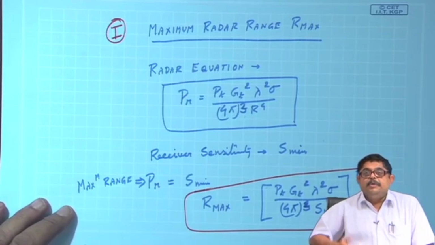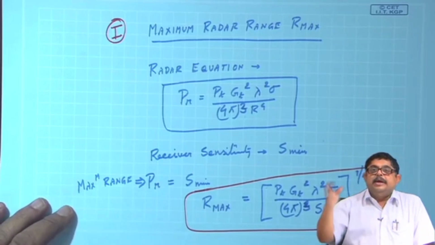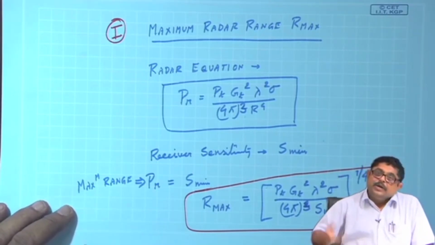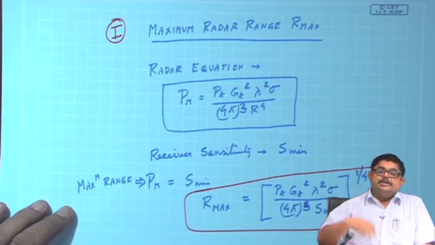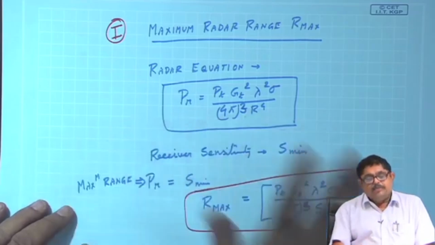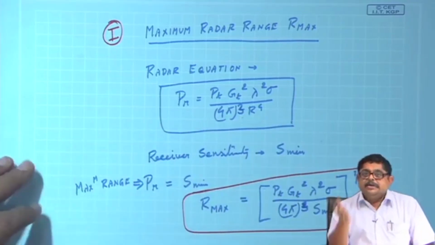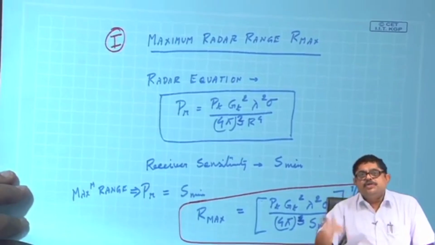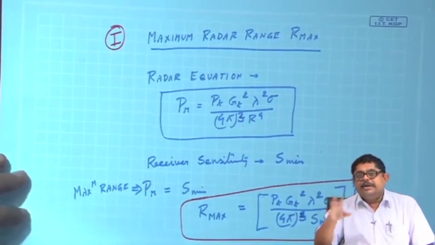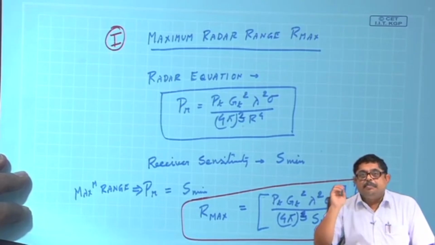So what radar people do is go on sending various pulses. Here again I am being specific: the radar can be a CW radar, and these equations are all valid there, but how to tackle it is different. For your understanding of the radar system initially, I am assuming that it is a pulse radar.